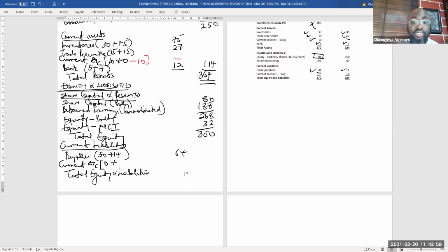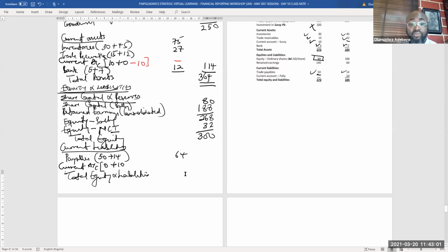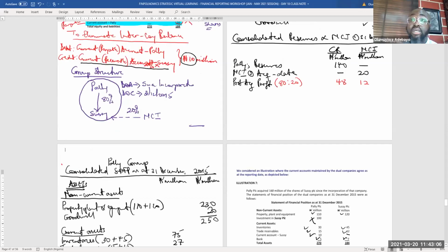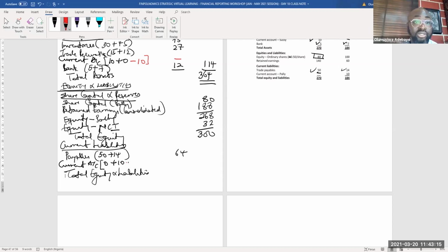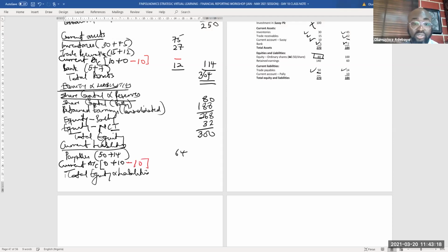Don't forget, we also said we should eliminate the intercompany payable by debiting that account with how much? 10. A debit to a credit account is a negative, a reduction in the amount, by 10. And that gives nil. Nil or 0 plus 64 will give me 64. What do you have? 364. Does that make sense?